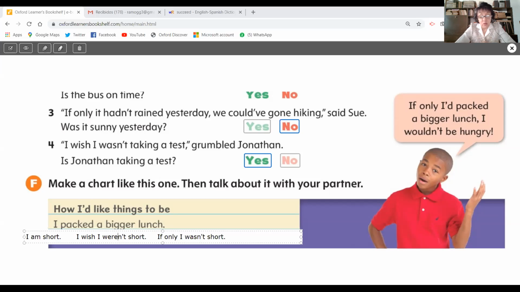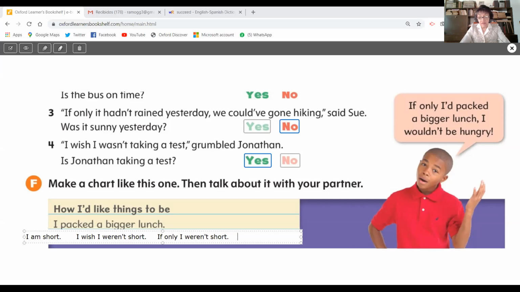I wish I weren't so short. Why is that happening? We don't know. That's the grammar part. Both are correct. If you say, I wish I was, or I wish I were. But it's very, very common that people use I wish I were. I wish I weren't short.